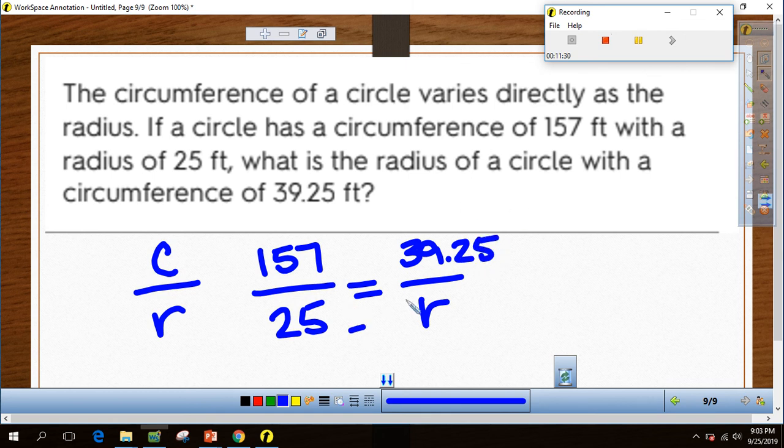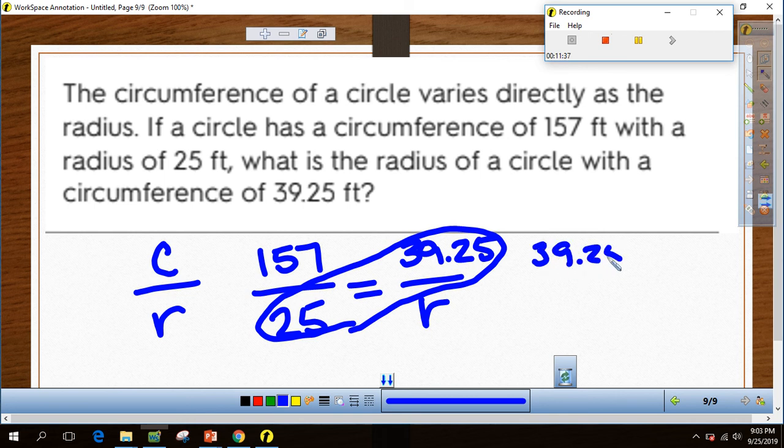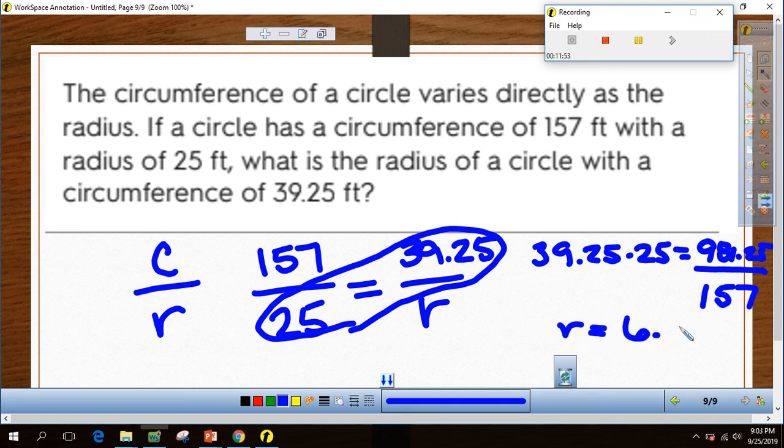So when I cross multiply and divide, 39.25 times 25, I get 981.25. And then when I divide that by 157, my new radius is 6.25.